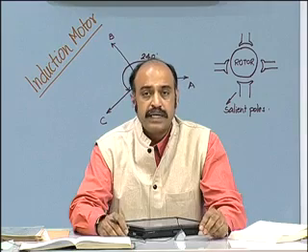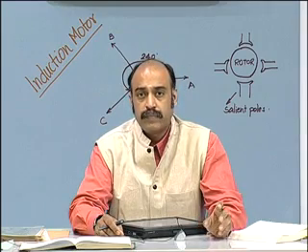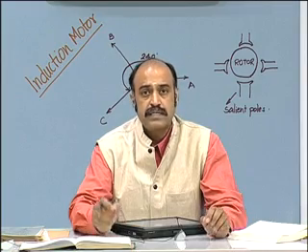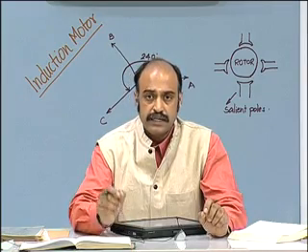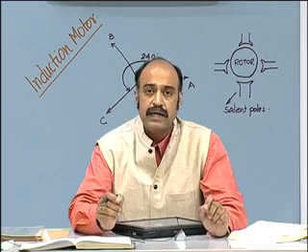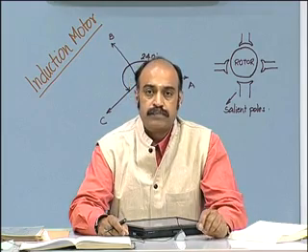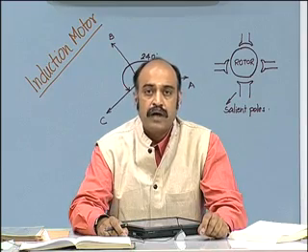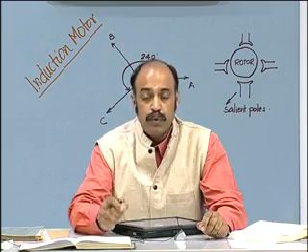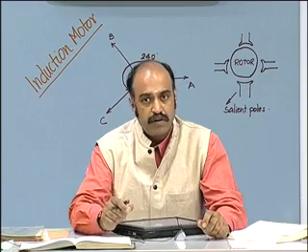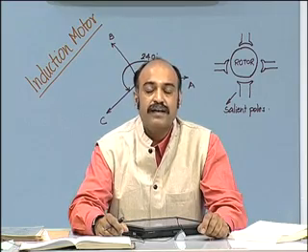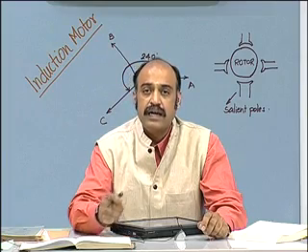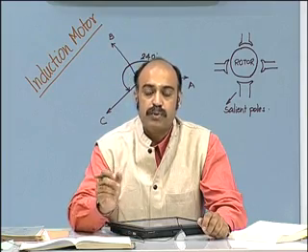So we established the relationship that the synchronous speed is given by 120 Fs, the stator current frequency, divided by the number of poles, or 60 Fs divided by the number of pole pairs, or omega in radians per second divided by the number of pole pairs, or 2 omega, where omega is the stator frequency in radians per second, divided by the number of poles.